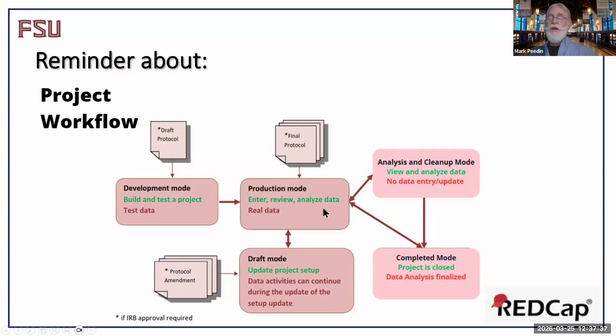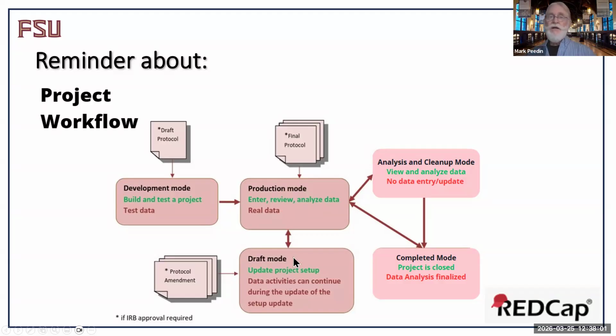Your project's going along, you're collecting data, analyzing data, reviewing records, and communicating with your participants. And then you realize that you either forgot something back in development or you had an aha moment and decided to add something new to your project. We switch it back to draft mode, not development mode, but draft mode.